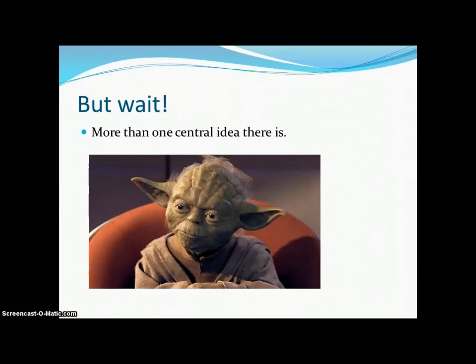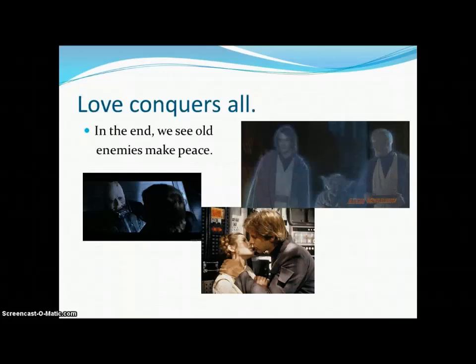But wait, more than one central idea there is. As I told you, stories can have more than one central idea. Another big one from Star Wars is that love conquers all. In the end of the Star Wars saga, we see old enemies finally making peace. We have Luke Skywalker and his father. There you can see Darth Vader with his mask off, making peace.